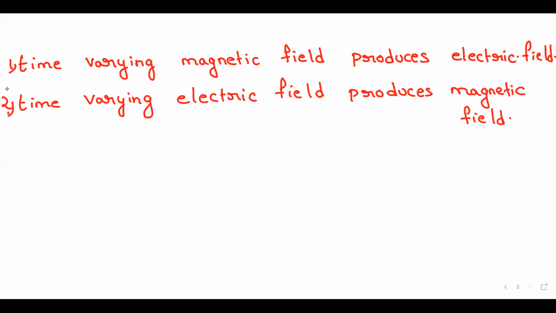So a time varying magnetic field produces an electric field, and a time varying electric field also produces a magnetic field, right?